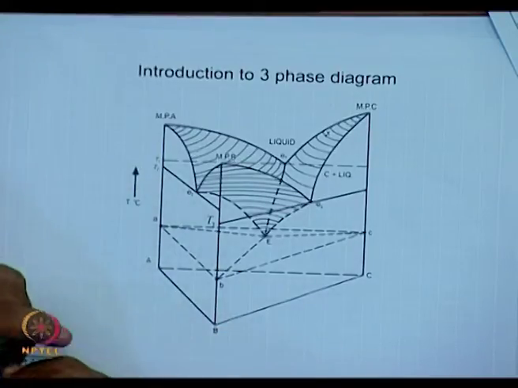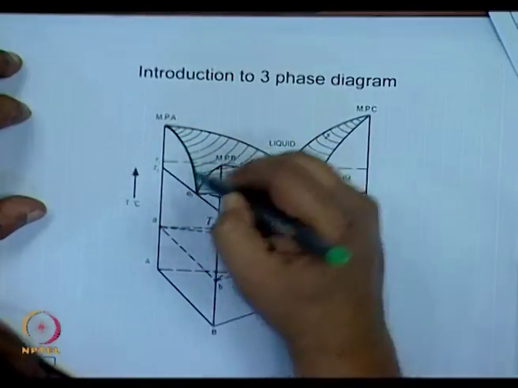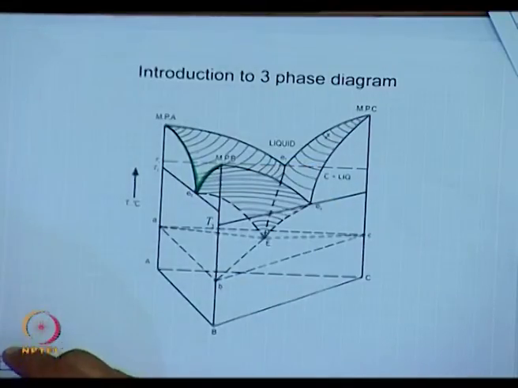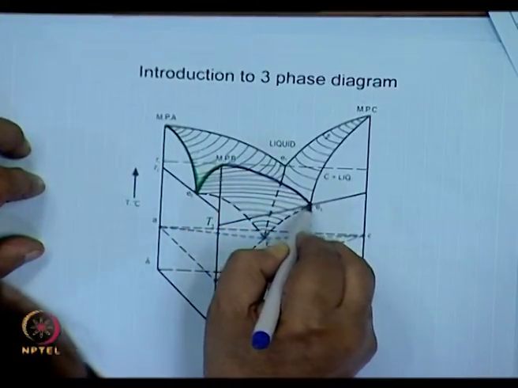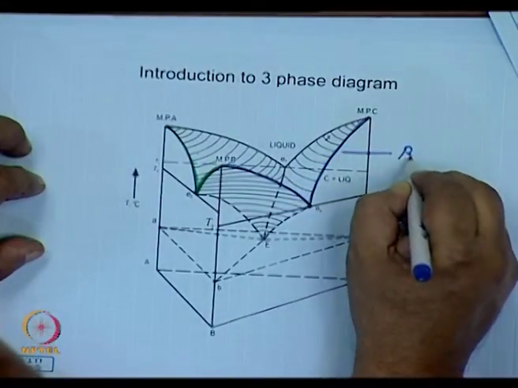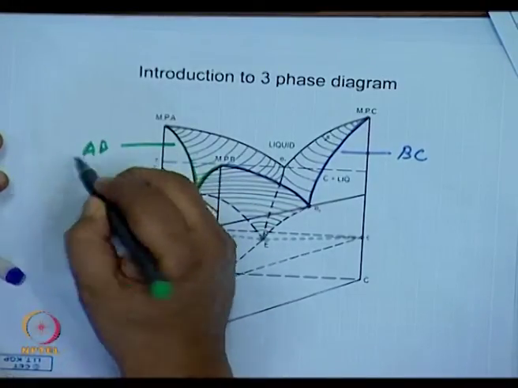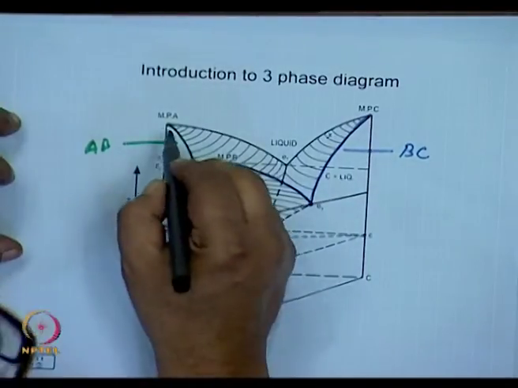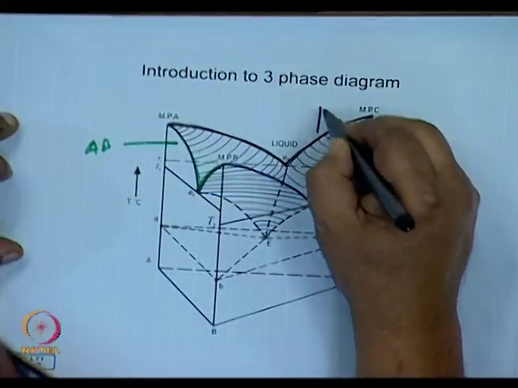So what we have over here is this eutectic line corresponding to AB. This eutectic line is corresponding to BC. This is for BC. This is for AB. And this one is for AC.